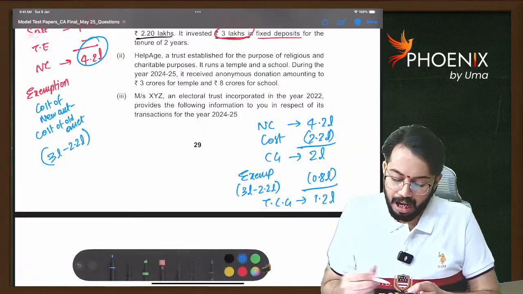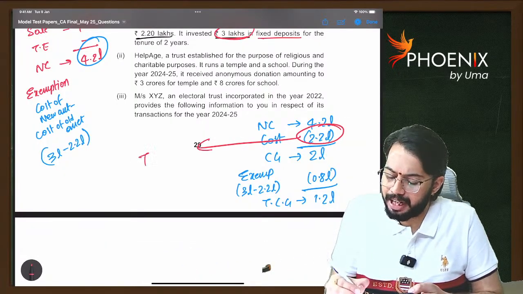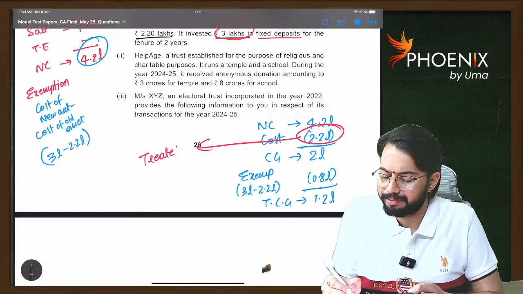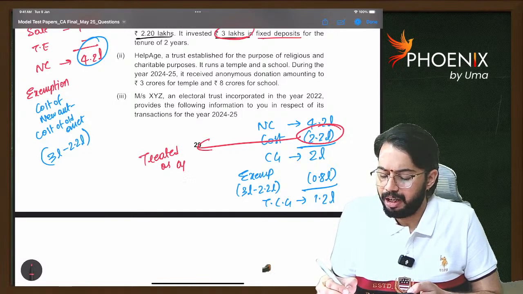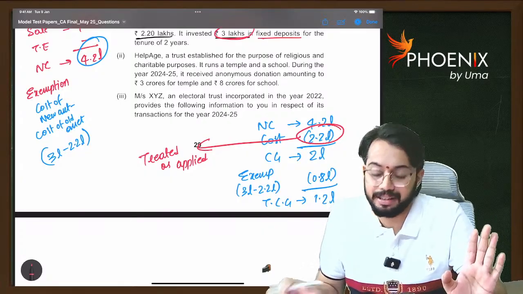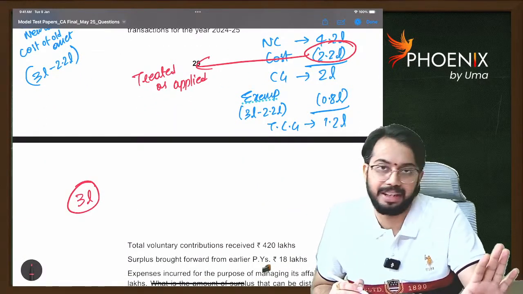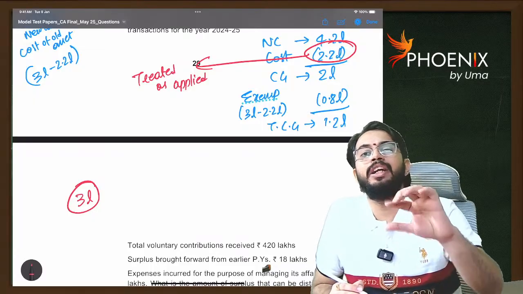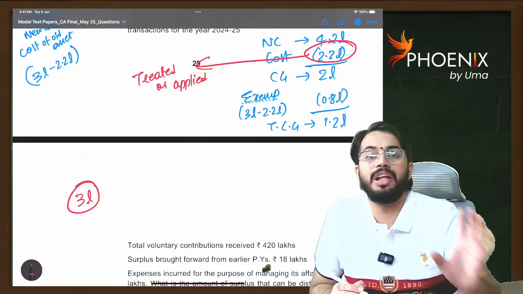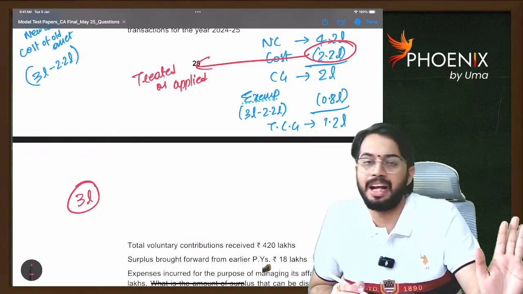Very simple. I will tell the logic also. Already 2,20,000 is treated as applied in earlier years. Now how much is reinvested? 3 lakhs is reinvested. Correct? So already 2,20,000, the original cost of acquisition, was allowed as deduction in earlier years.